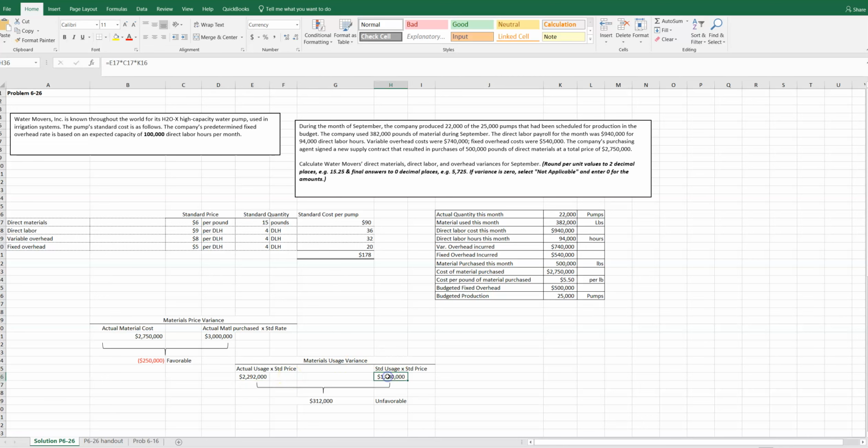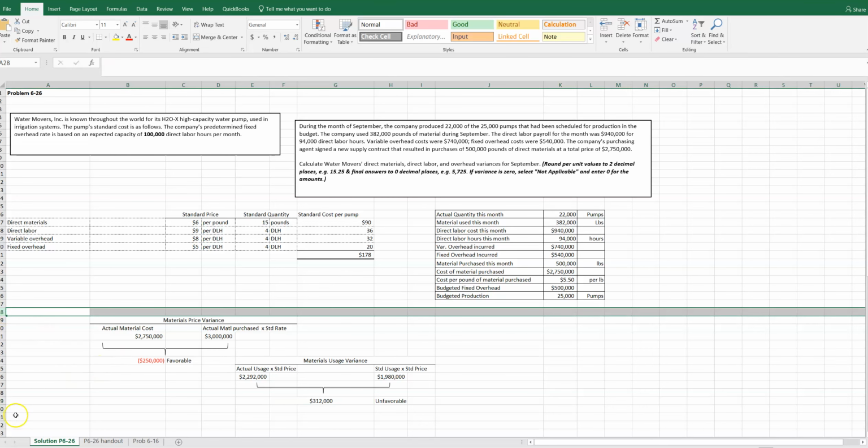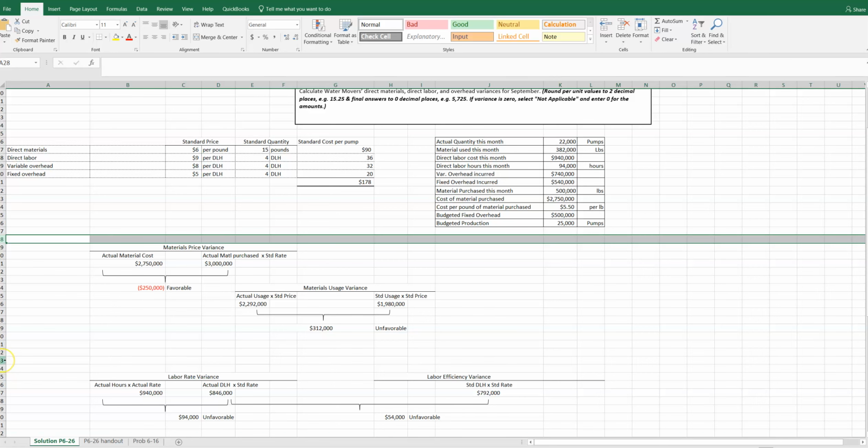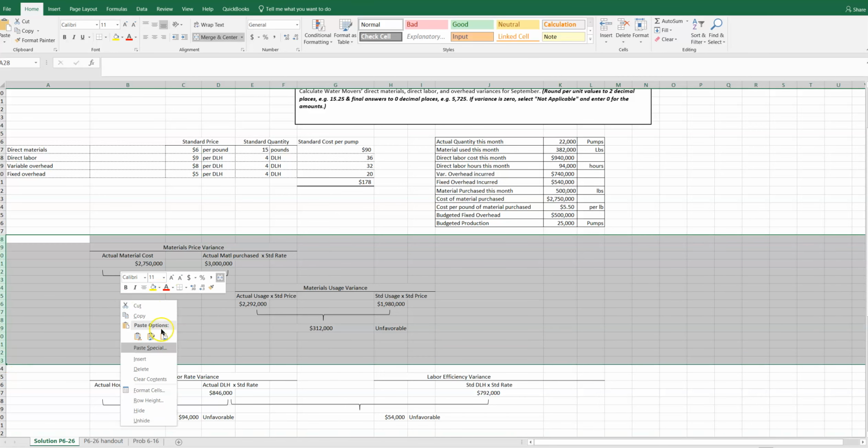The standard usage is 15 pounds, and if we produce 22,000 pumps and the standard price is $6 a pound, we come up with $1,980,000 for the standard, which is a $312,000 unfavorable variance. We're going to hide a few rows here to make it easier to follow.